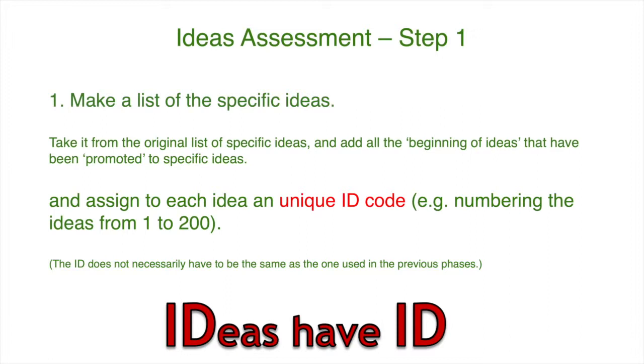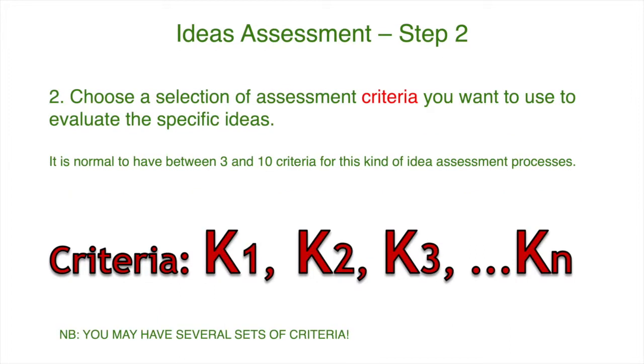After having specified the ID code for each idea, we go over to an important step, step number 2, which is the one in which we select the assessment criteria that we want to use to evaluate our ideas. And normally we have between 3 and 10 criteria for this kind of assessment procedure.